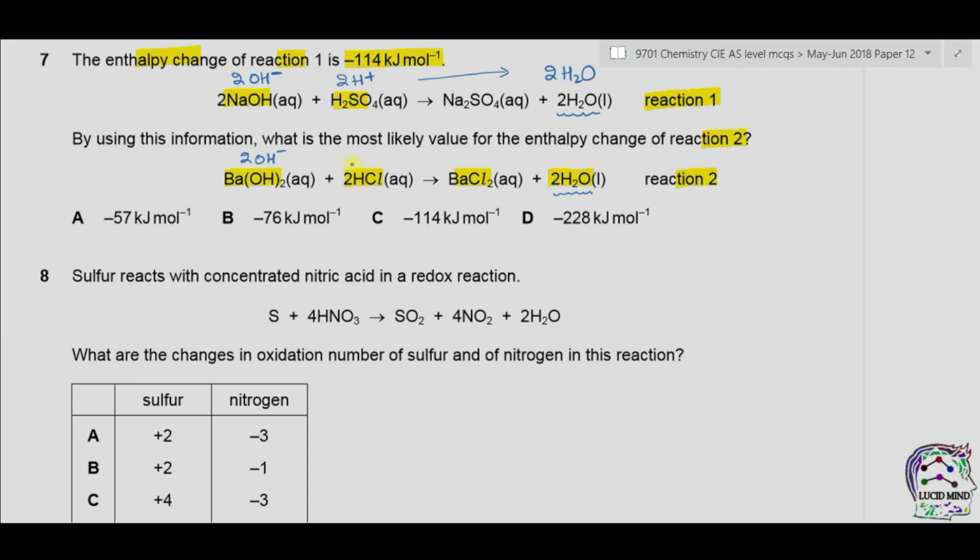Now 2 moles of HCl are present, so therefore the number of moles of H+ will be 2, and it combines to form 2 moles of water. So the ionic equation is exactly similar in both, so therefore the energy change will also be same. Reaction 2 will also show negative 114 kilojoules per mole energy change.